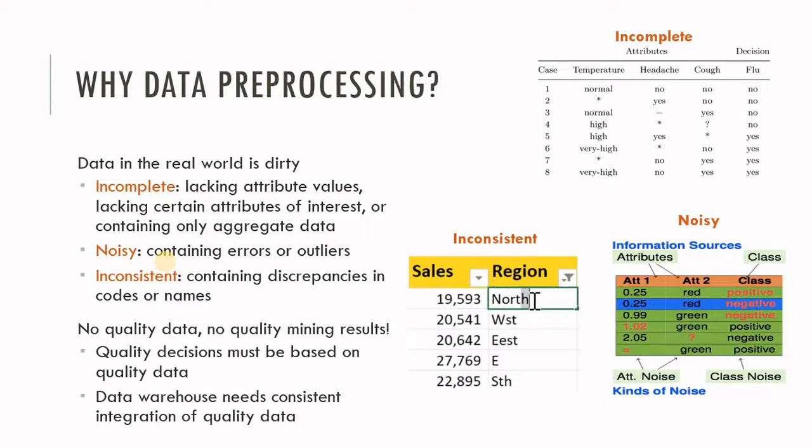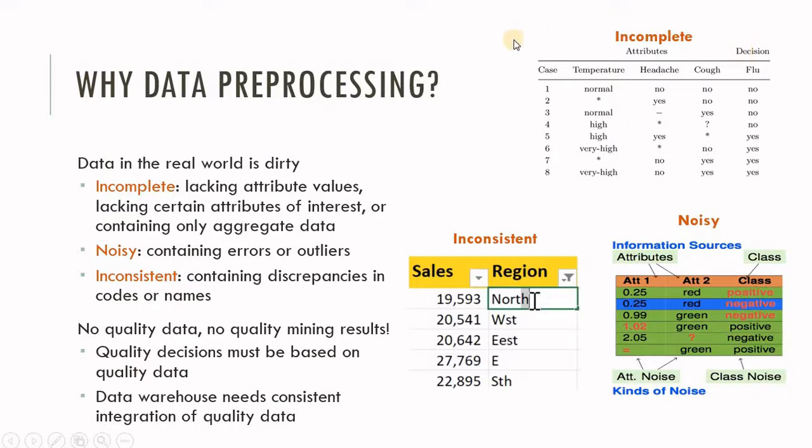The next topic is why data pre-processing. Data in the real world is dirty: it is incomplete, noisy or inconsistent. Incomplete means lacking attribute values, lacking certain attributes of interest, or containing only aggregate data.